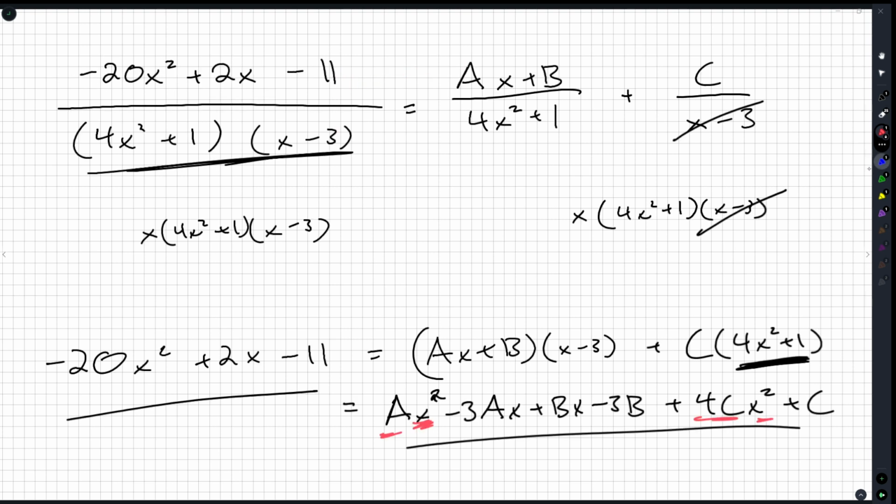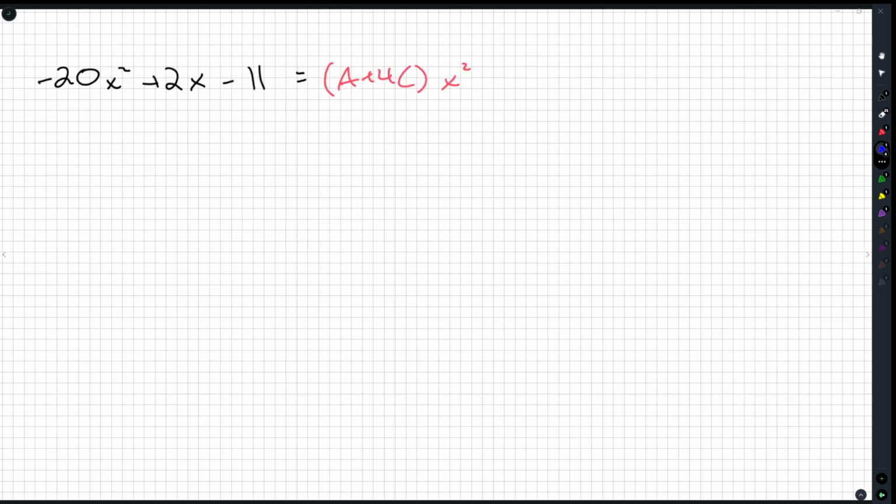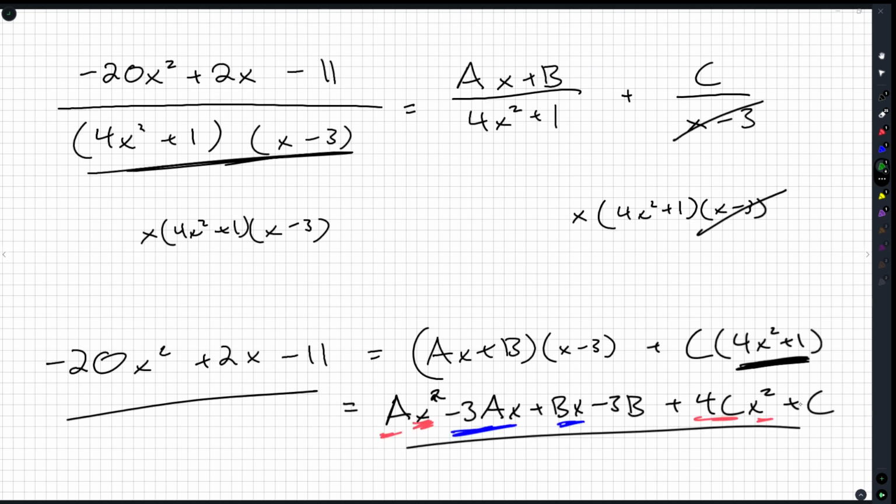All right, let's look for x's. Minus 3ax's plus bx's, and that's it, so b minus 3a is the coefficient of x. And then we'll use green for the last one. Our constants: c minus 3b.